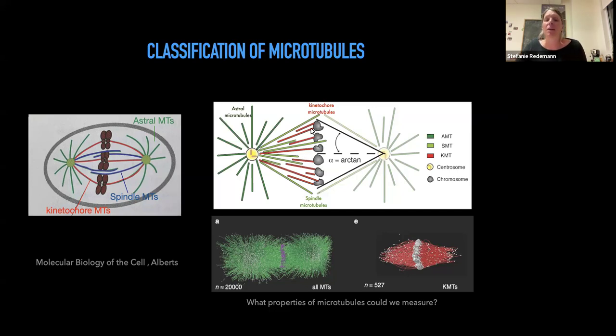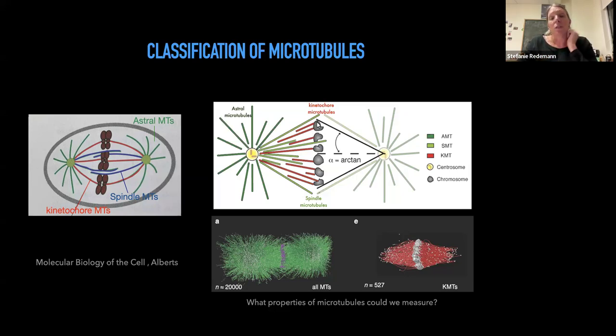So for example, we have identified kinetochore microtubules mainly based on their distance to chromosomes, because this is plastic data, right? We cannot see a kinetochore per se. They're not visible to us. We can only see the chromosomes, but you can envision that a kinetochore microtubule has to be close enough to a chromosome to actually be interacting.